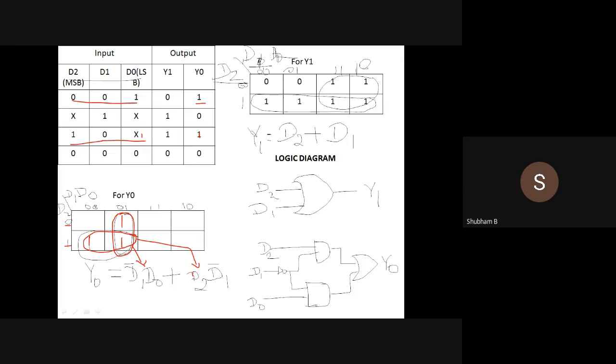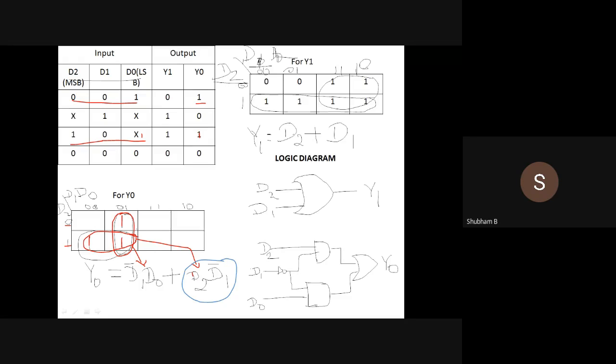Yes, ma'am, that D1 bar should not come. So, ma'am, I'm getting D naught plus D2. No, either see for this. Just a minute, I'll change the color of pen. D2 D1 bar आया. This you know. Yes, ma'am. Problem is with D1 bar into D naught.